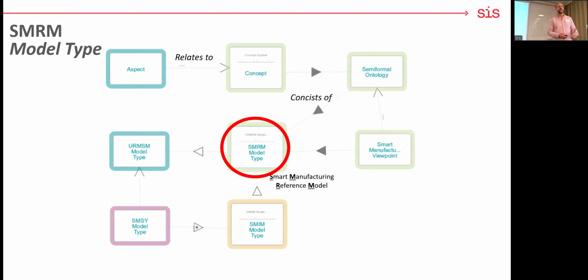But in big, then we have a smart manufacturing reference model, which consists of a semi-formal ontology, which in that case means that you have defined a set of concepts and also conceptual relationships. So basically, we have defined things and what things mean in relationship to each other. And then the standard stipulates that you need to go over another standard called 42010 to secure viewpoints. Or it's preferred that you go this standard because you need to secure viewpoints.